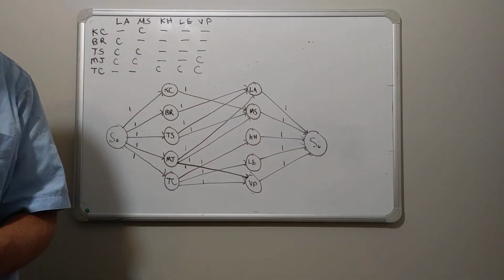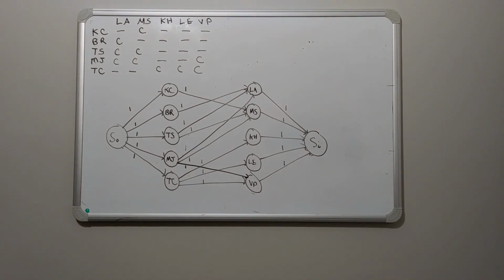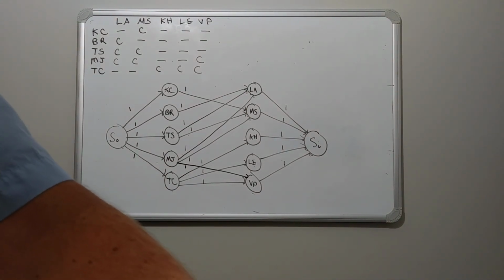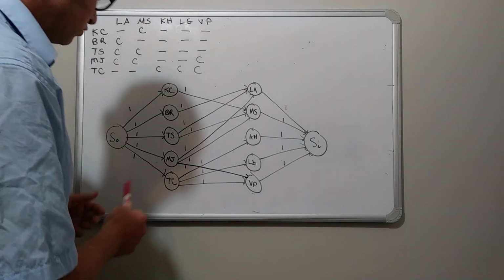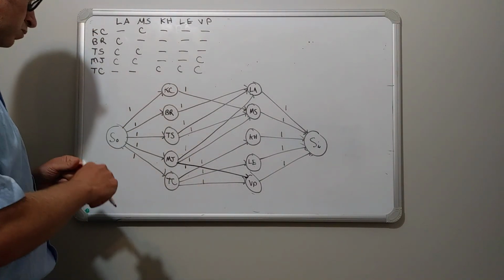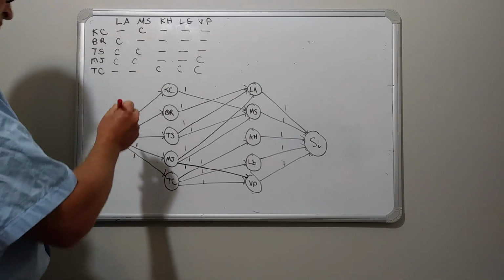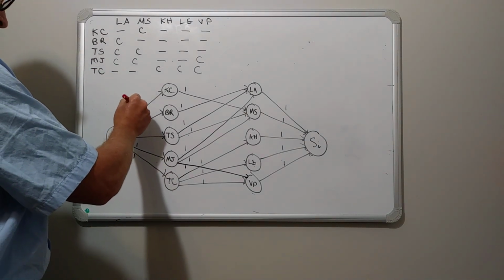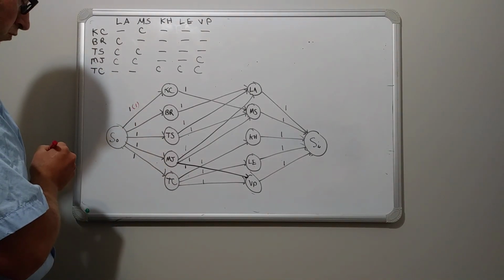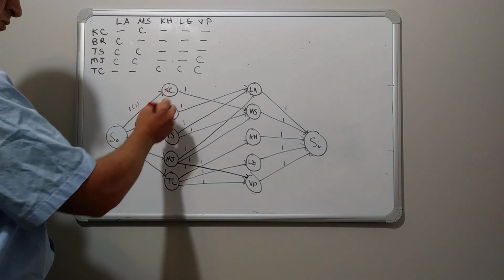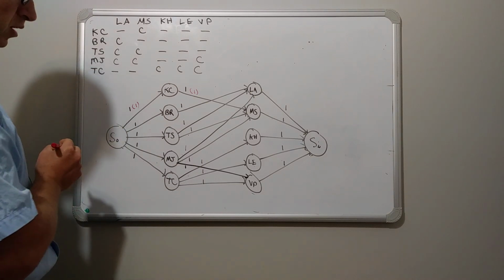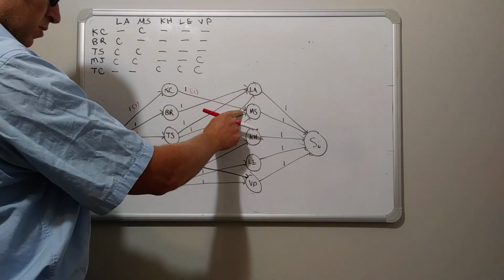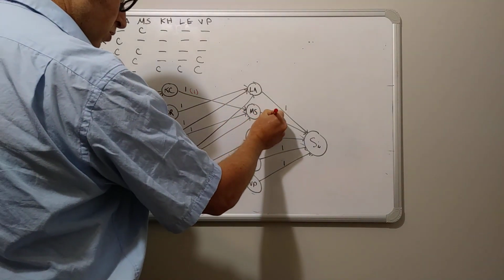So let's give it a try. So we start out by simply trying to increase the flow. So let's flow 1 from here to here, and then 1 from here to here, and then that one only connects to MS, so we'd have 1 from here to here.